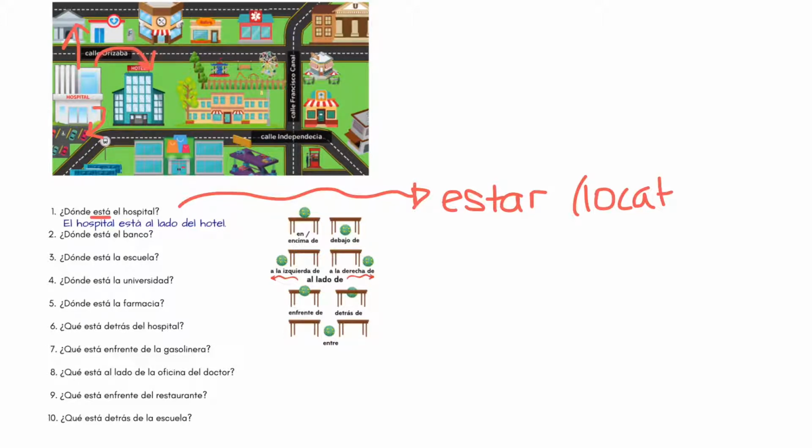One thing that you want to notice is we are using the verb estar because we're talking about location. Remember we used that before when we were talking about temporary conditions. The other big use for it is location. So when we do these sentences, we're going to start with the first place.